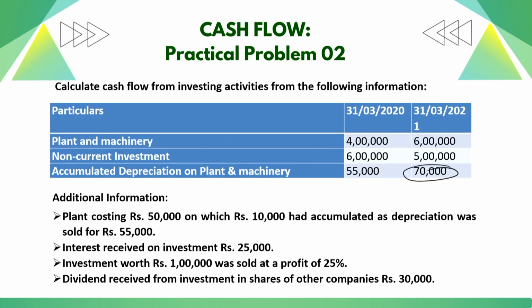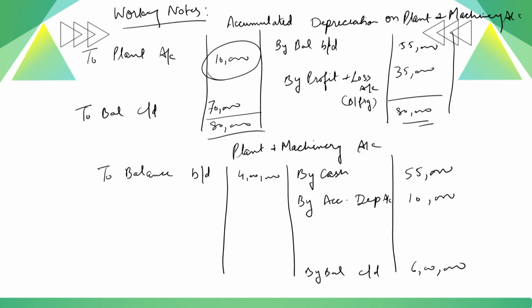We know that the plant's actual cost was 50,000, on which if we charge a depreciation of 10,000 we will be left with a figure of 40,000. But the same plant has been sold in the market for 55,000, which means it has generated profit on sale, that is 15,000. So I will write it on the debit side, profit on sale of plant, which is 15,000 rupees.